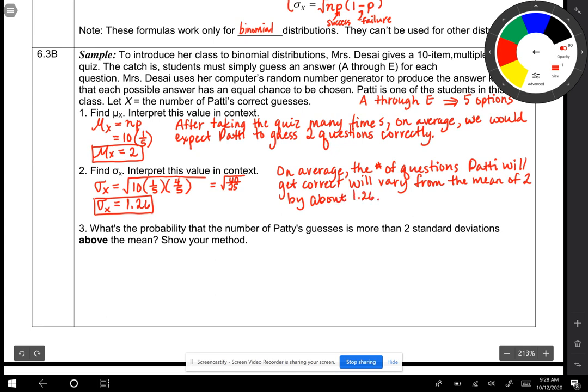There you go. So the interpretations are a big key thing for students.